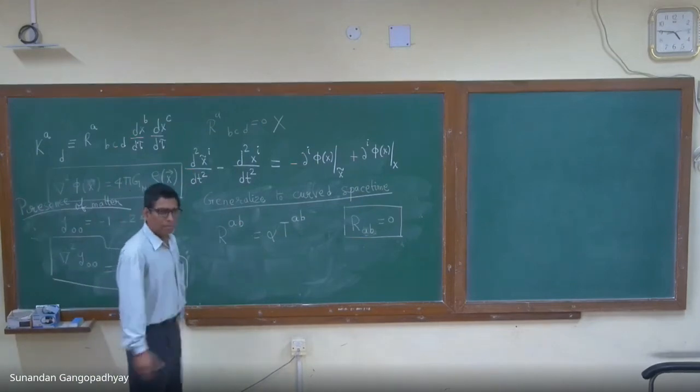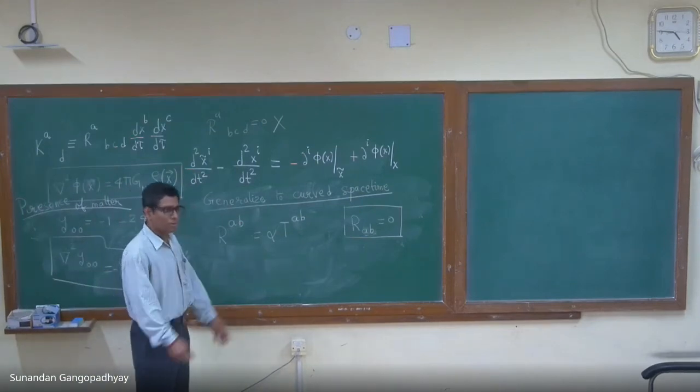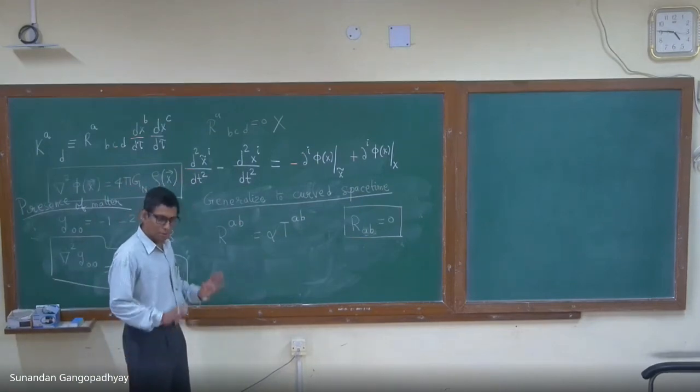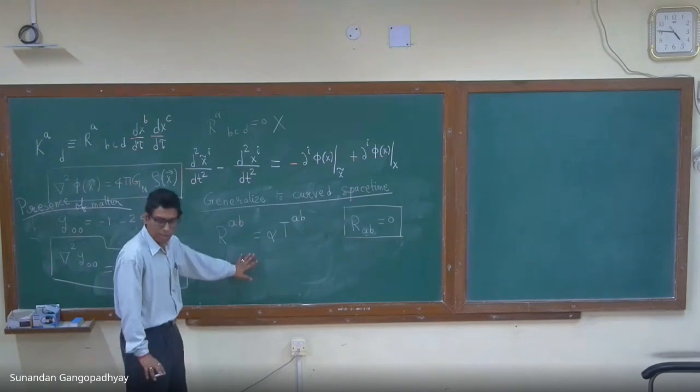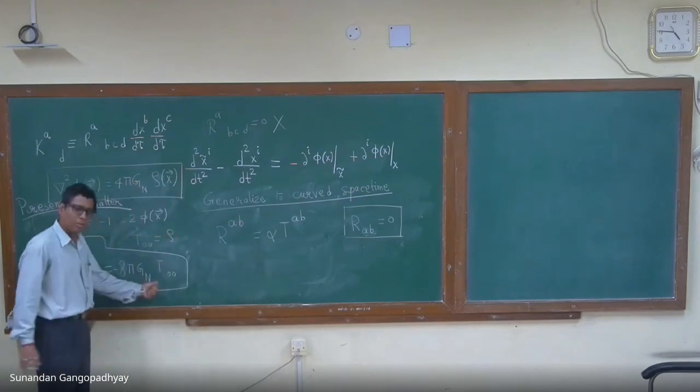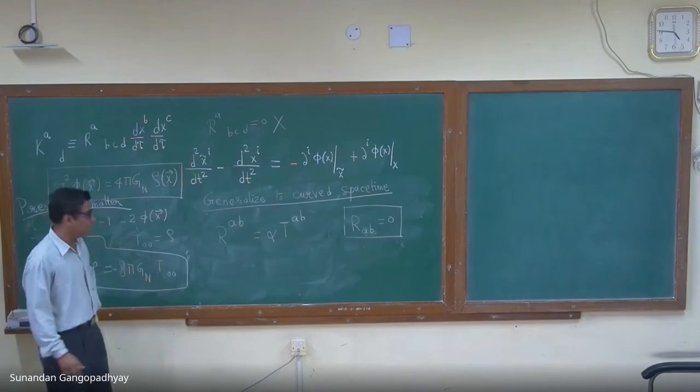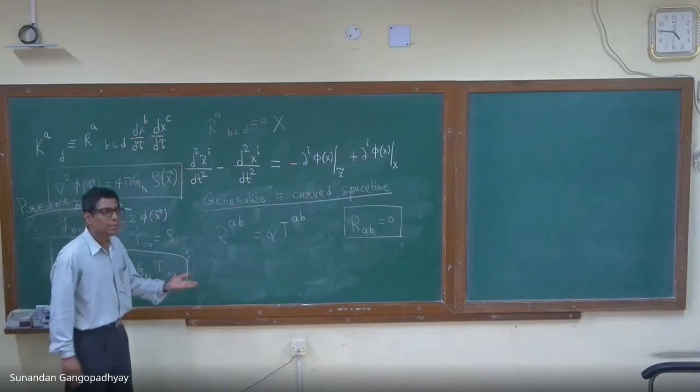Again, why should you consider this equation? Does it look completely illogical to you? The answer should be no. It is quite logical because this is the equation in Newtonian gravity. This is exact. So when you generalize to curved spacetime, it should obviously be covariant.